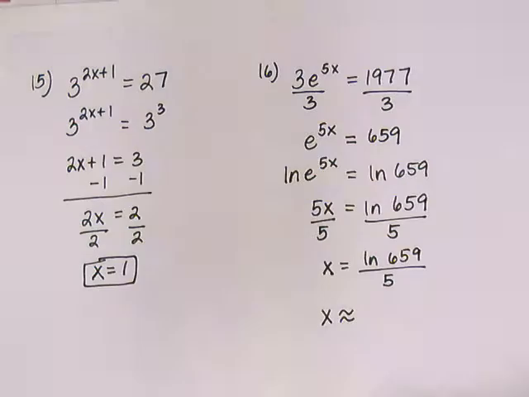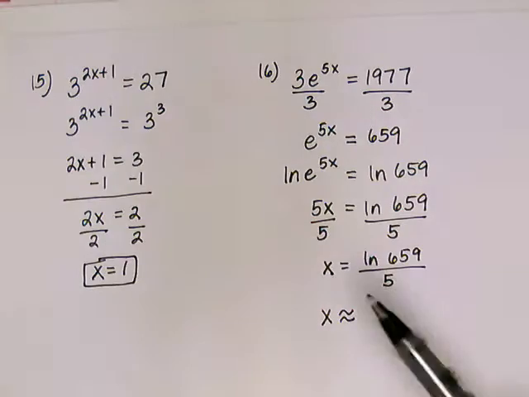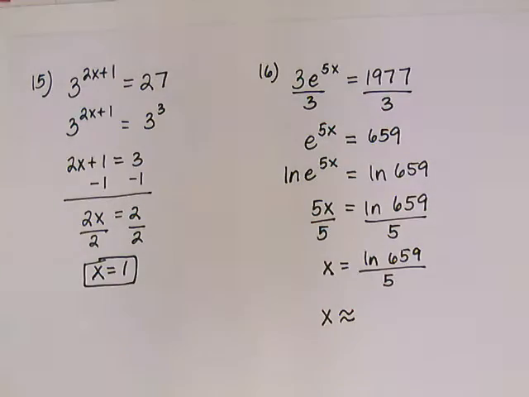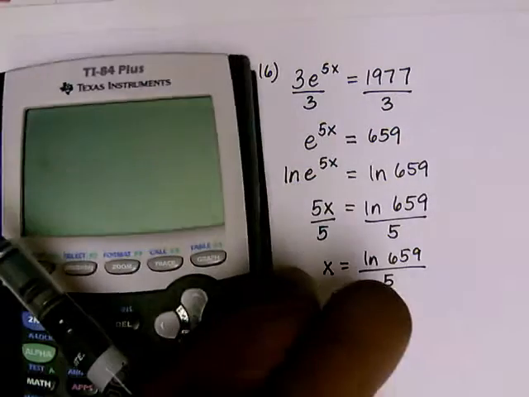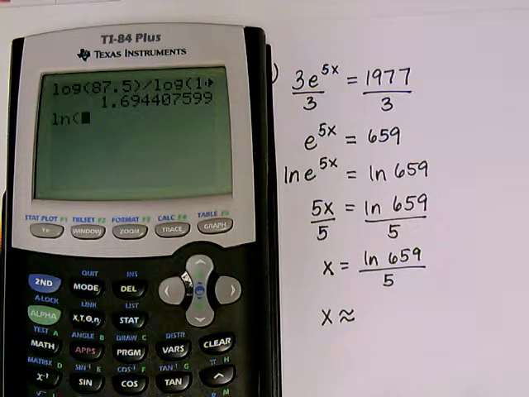And we're going to approximate this. And by the way, that ln of 659 divided by 5, that's your exact value. We're looking for the approximate value. So we're going to press the ln key, and then 659. Then you want to close your parentheses around the 659, because you only want the natural log of 659.